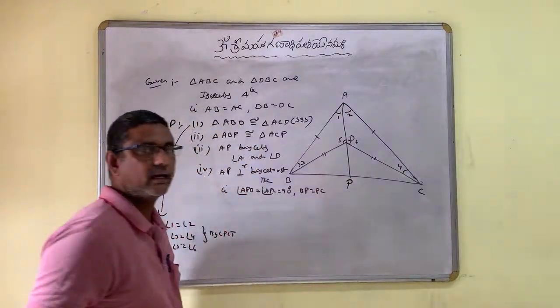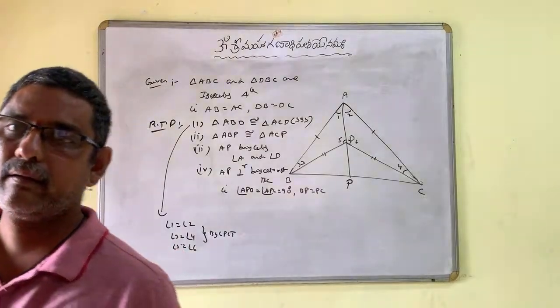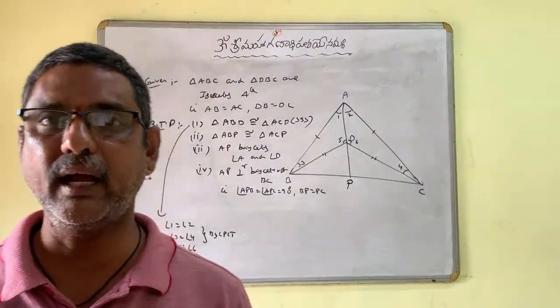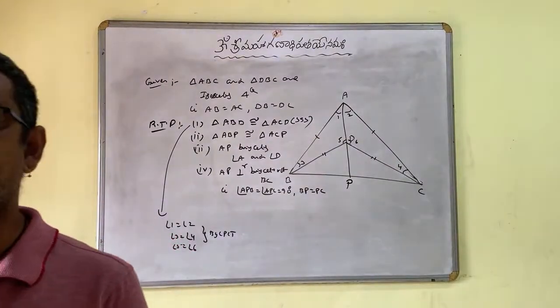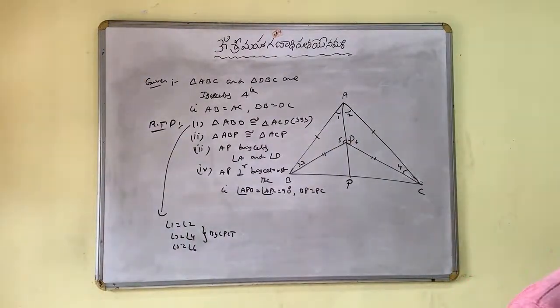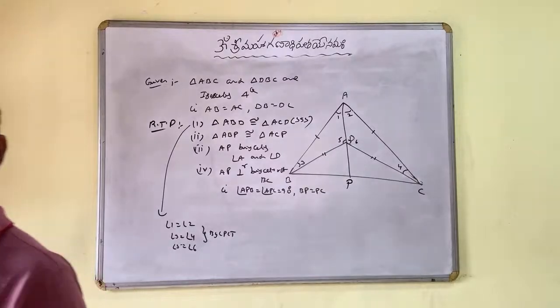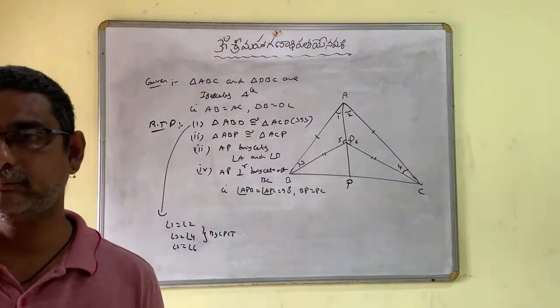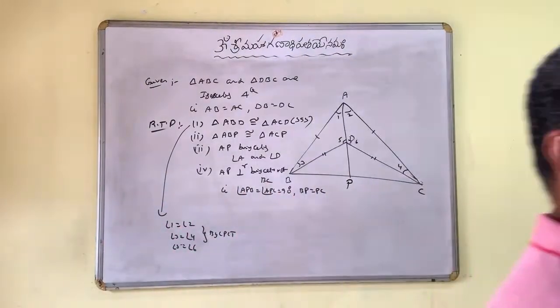ABP, ACP. Are they congruent? See children, triangle ABP and ACP. If they are congruent, by which criteria? Think and tell me.